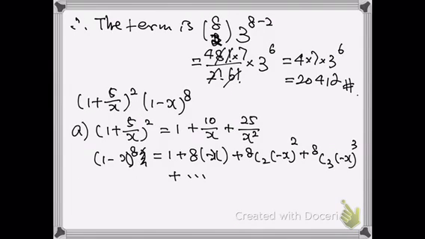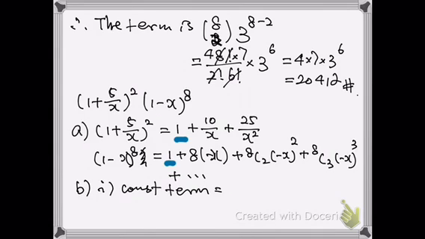So part B, we need to find first the term independent of x, basically the constant term. So the constant term should equal what? If you look at the first one, the constant term should have 1, and then times the second one's constant term.